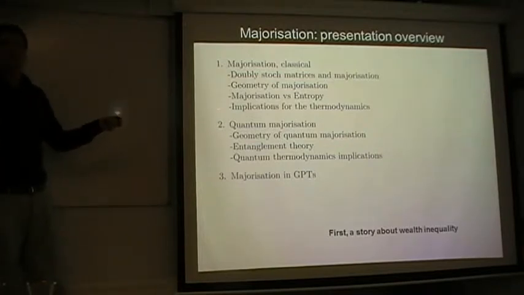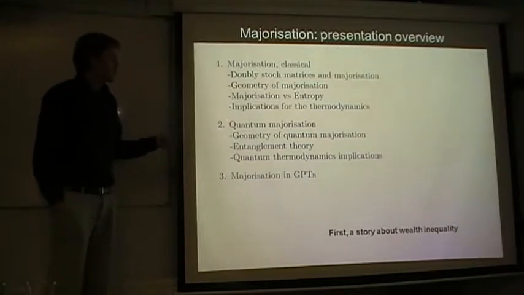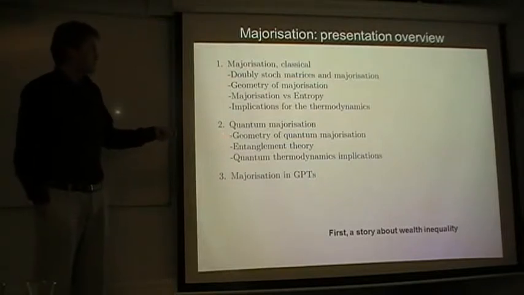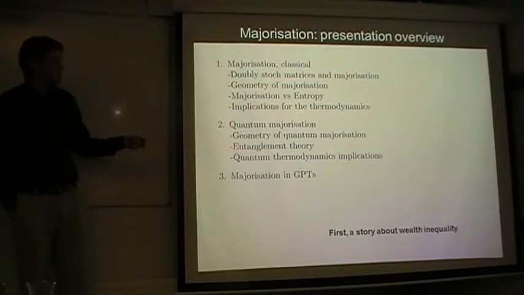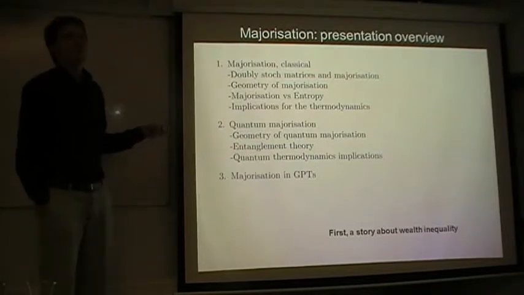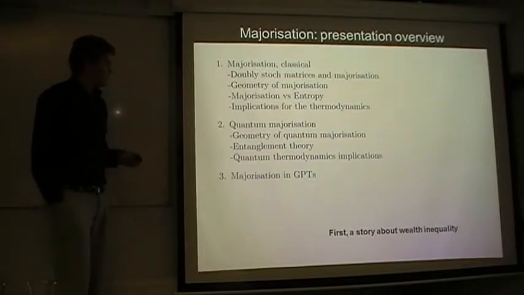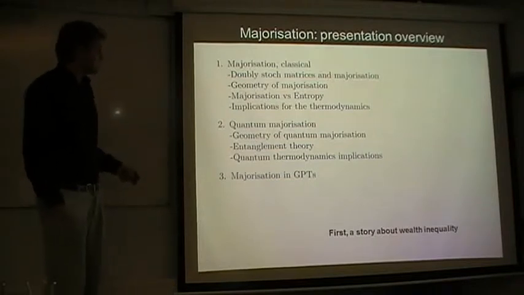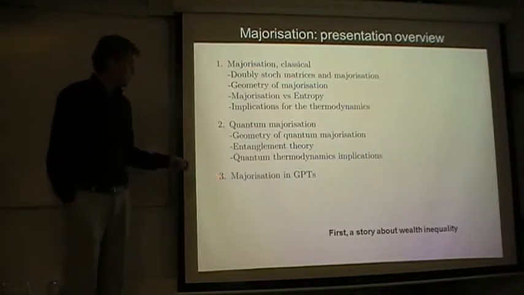I'm not going to talk too much about that, just a little bit. Then we go into the quantum case, briefly saying what the corresponding geometrical visualization is. And then some slides on entanglement theory, because there is a very important result involving majorization and entanglement. Then I'll discuss a bit about quantum thermodynamics. Finally, very little on majorization in GPTs.